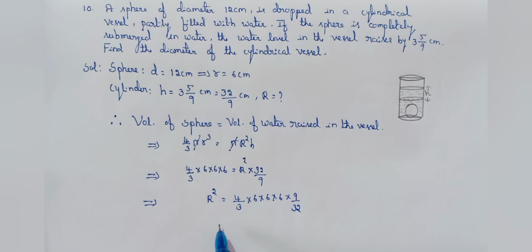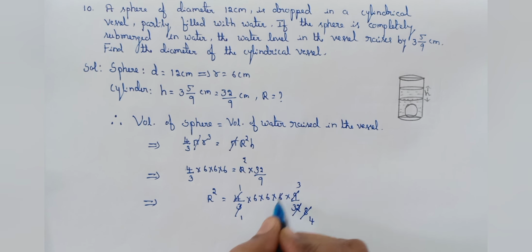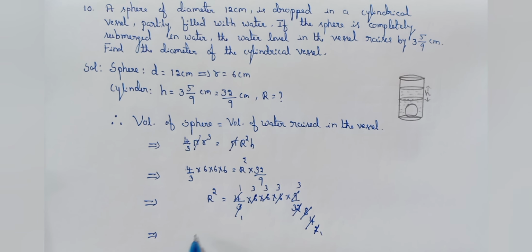Therefore, r square is equal to 4 by 3 into 6 into 6 into 6 into 9 by 32. 4 ones are 4, 8 fours are 32. 3 ones are 3, 3 threes are 9, then cancelling the remaining terms.